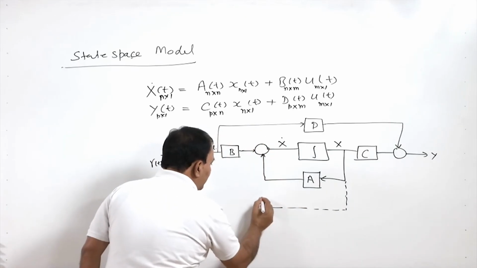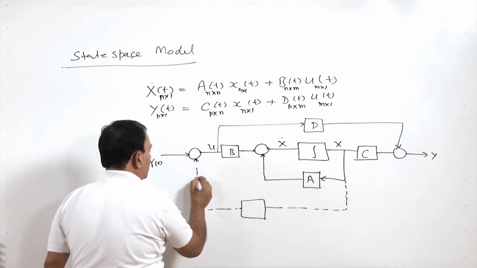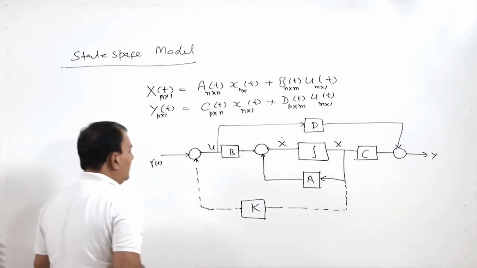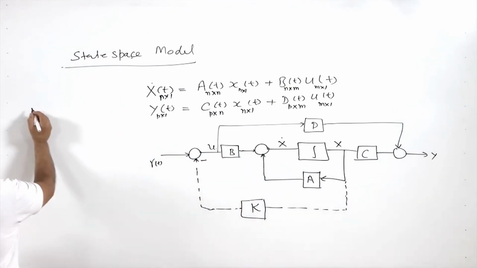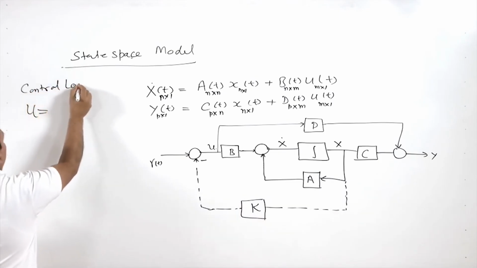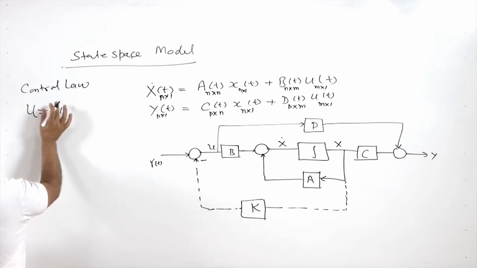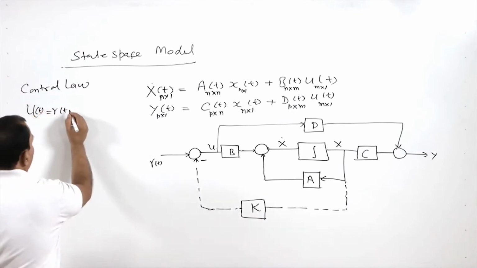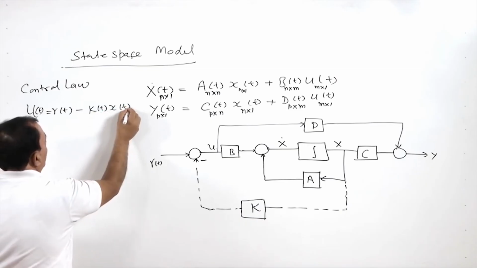So, if we are feeding back the state, so this will be my, let us say K, and if I take this negative, so my control law is u(t) equal to r(t) minus K(t) x(t).